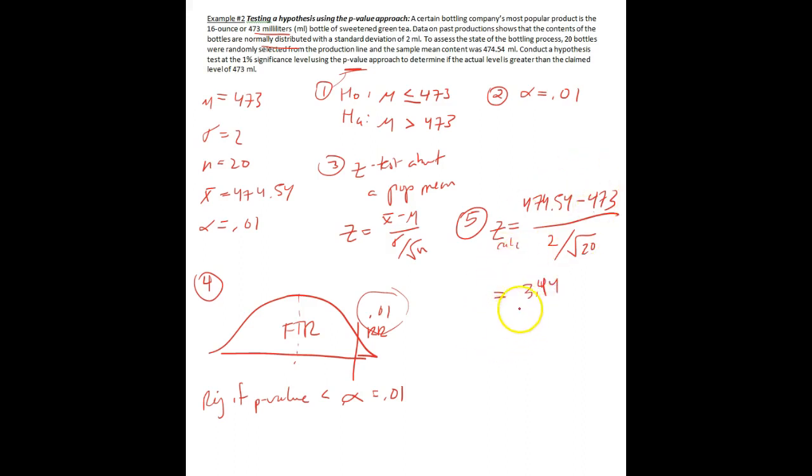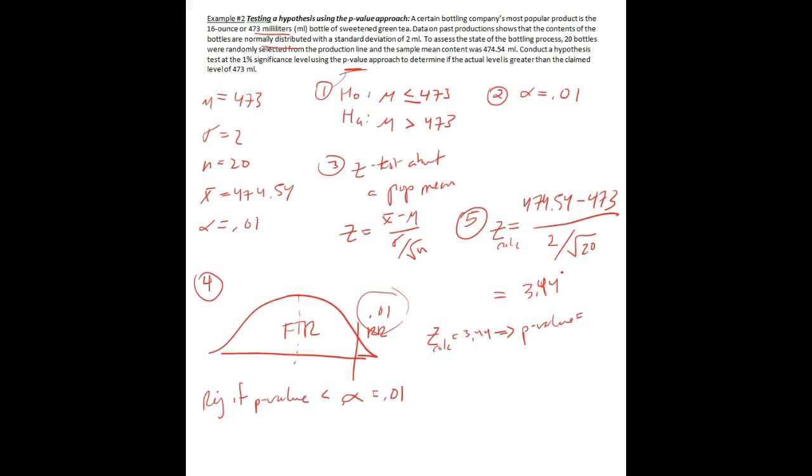So now we have to figure out, what is our p-value? We'll say z-calc equals 3.44 implies p-value equals what? Here's how we do this.